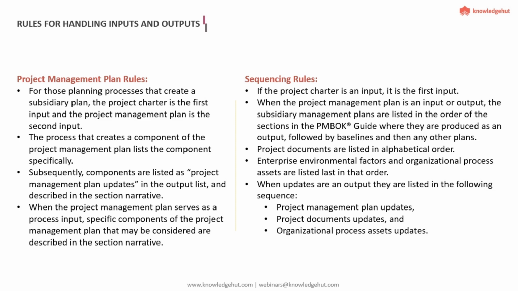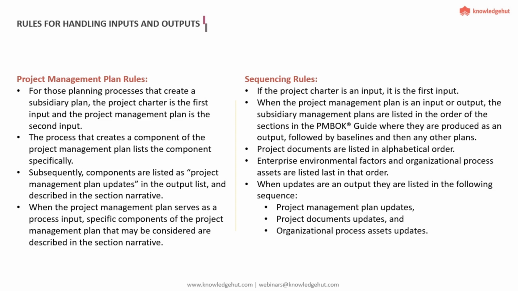And then in many processes, project documents would be an input. Stakeholder register is a project document. Risk register is a project document. Activity list is a project document. Estimation sheets that we prepare are again documents. There is a huge list of project documents. So if some project documents are an input to some of the processes, they would be listed as the third input.